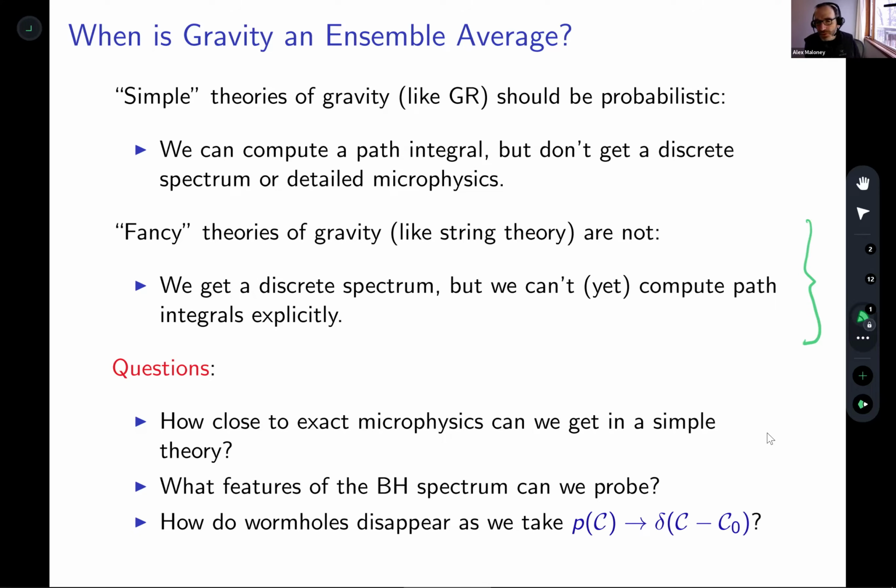It is dual to some sort of very complicated theory of gravity on the AdS bulk side. And the distinction between these simple and these fancy theories of gravity is that the fancy theories of gravity are actual microscopic theories with a discrete spectrum, with a Hilbert space, with a Hamiltonian.